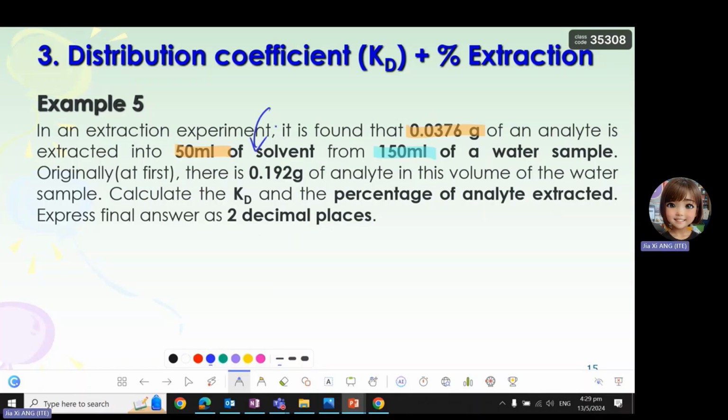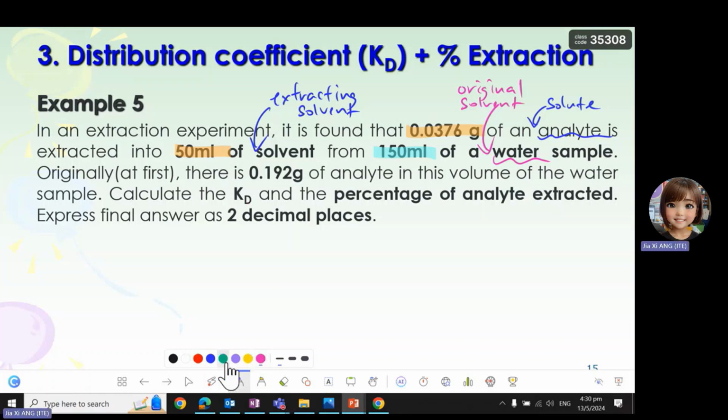This solvent must be my extracting solvent, because I use it to extract my solute, the analyte. Sometimes if you're confused, the analyte is actually my solute, what I want to extract. So my water is actually my original solvent.